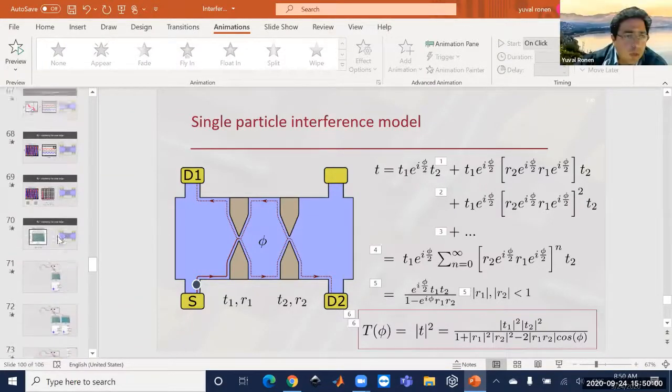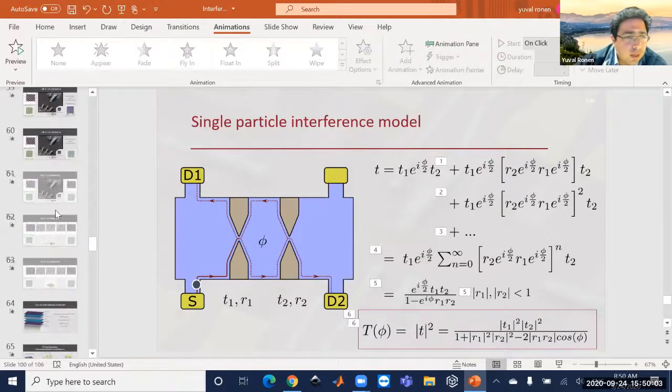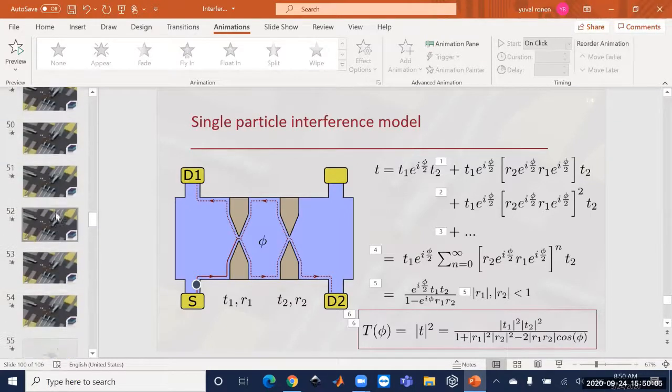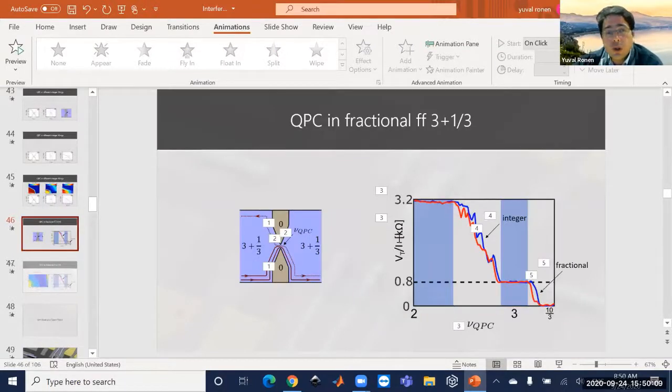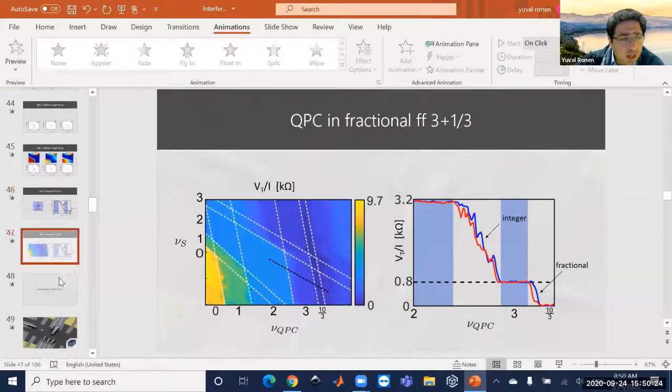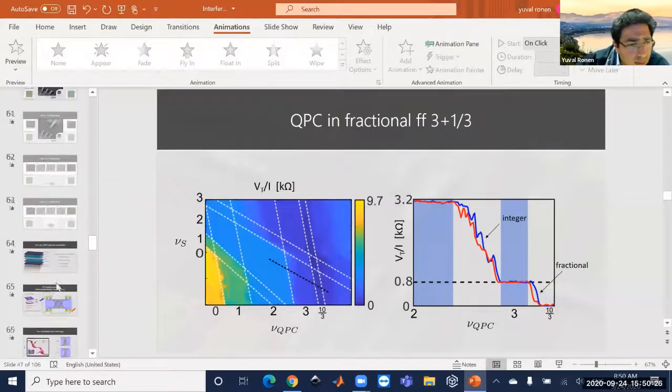Okay, so I probably didn't explain myself. What I showed is a QPC which is working in the fractional regime. This means you have a QPC which is partitioning and working in the fractional regime.